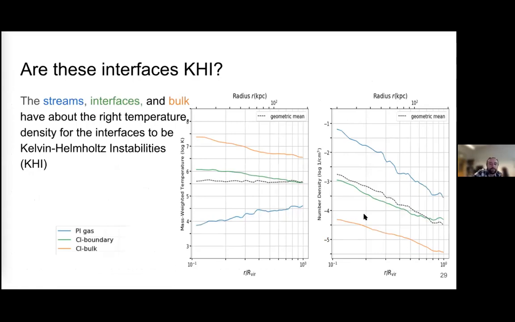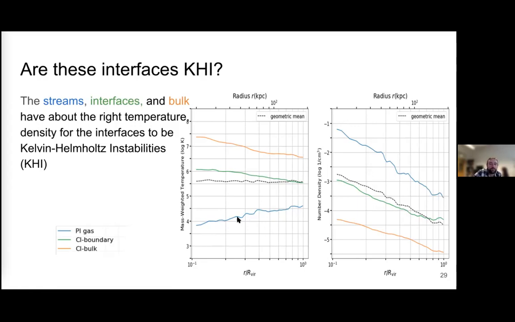Do our 3 phases actually follow the rules that we expect for a Kelvin-Helmholtz instability layer? So here's our density and temperature. In density, it seems like totally. The interface layer is almost exactly the geometric mean of the density of the streams, which is high, and the density of the bulk, which is low. In temperature, it's a little bit different. In Mandelker 2020, they assumed that these 3 phases were at constant temperature throughout space.